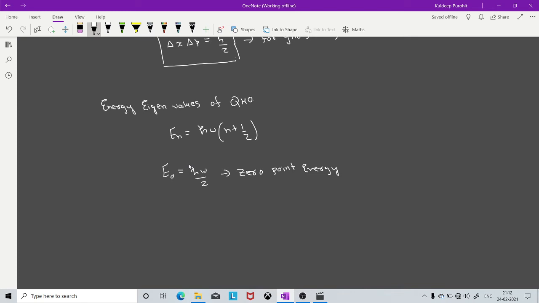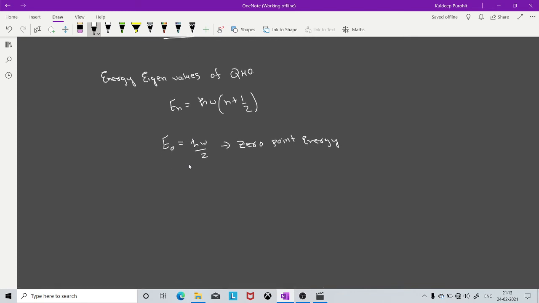But in quantum mechanics, the ground state energy is not equal to 0. So what is the origin of this zero point energy? Why is there zero point energy in quantum mechanics? Not only for a simple harmonic oscillator, but you will find the same thing for any other system also. If you take the example of a potential well or any other system, you will always find there is a minimum finite zero point energy. So what is the reason for that?